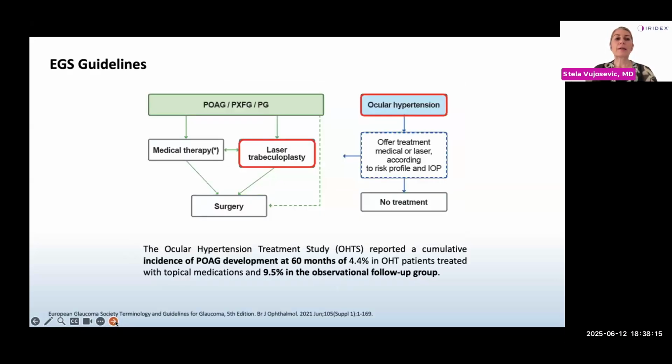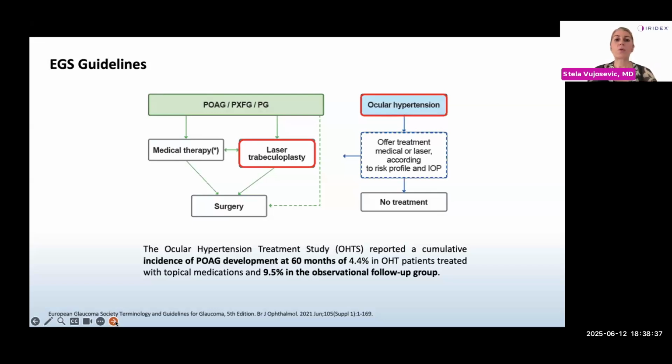If we look at the EGS guidelines, laser trabeculoplasty is definitely an early treatment. It can be done as first-line treatment or together with medical therapy and before the patients need surgery.